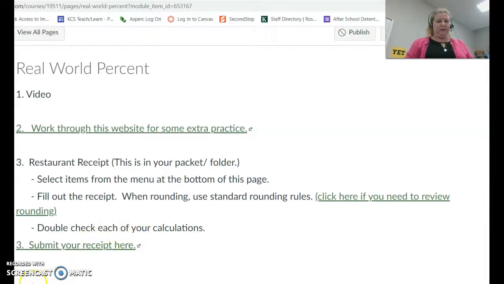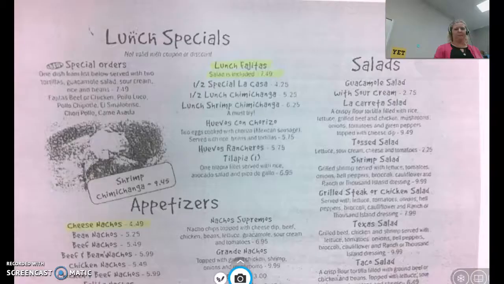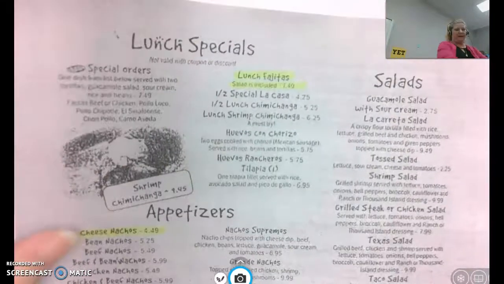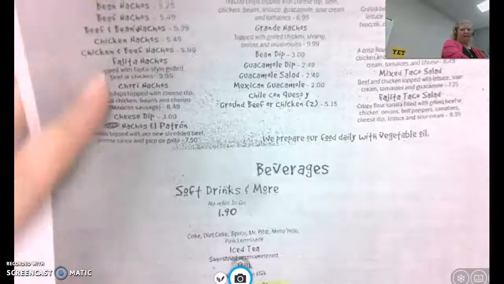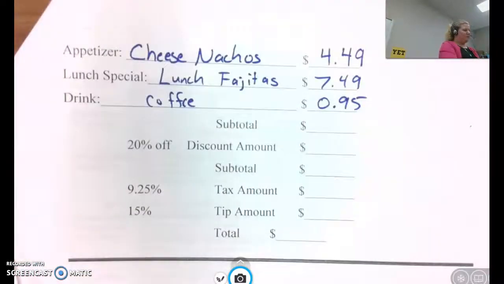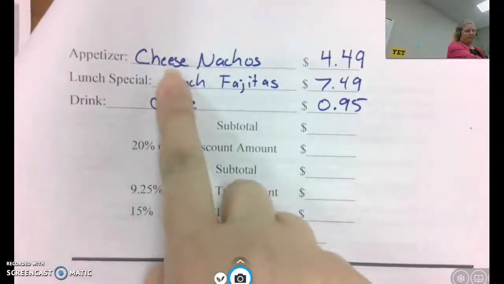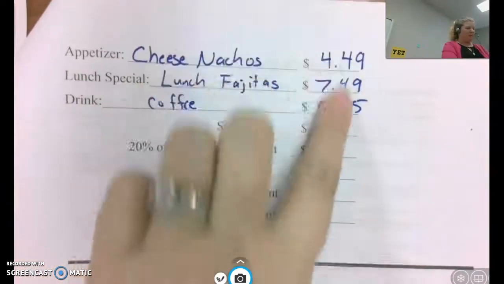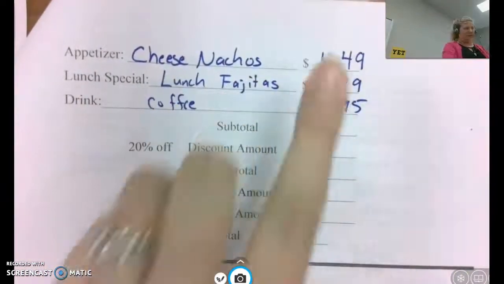So let's go ahead and look at the receipt process. I went ahead and picked out a lunch special, an appetizer, and a beverage. Straight from here, I've listed out what I would like to order, and I have written the prices here.